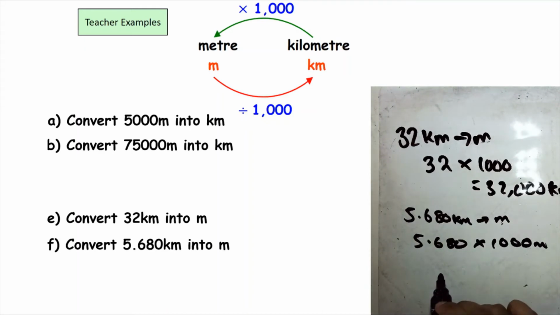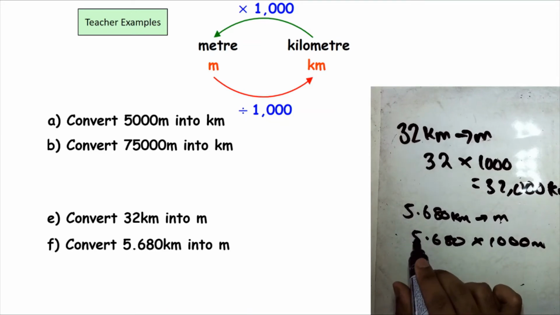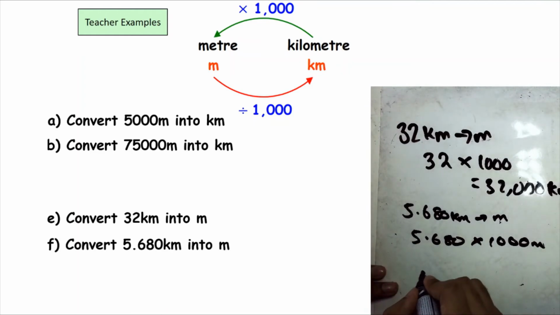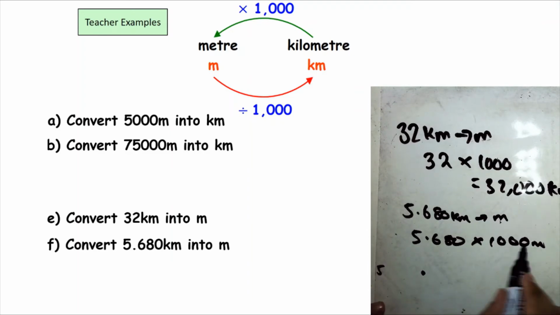If we multiply this by 1,000, we will essentially be moving the other way from the decimal place. So let's draw a decimal place underneath, like that. And let's look at this 5. It's currently in the ones column, isn't it? If you move it forward 1, it's going to go into the tens, another, it's going to go into the hundreds, and once more, it's going to go into the thousands. Because we're moving it 3 times, because there's 3 zeros, that's multiplying by 1,000.